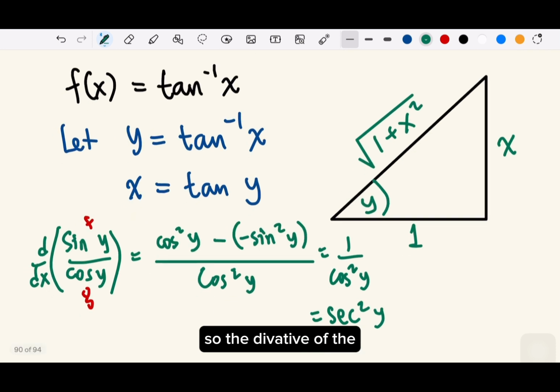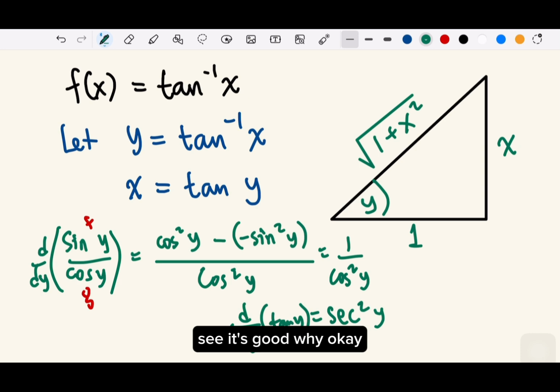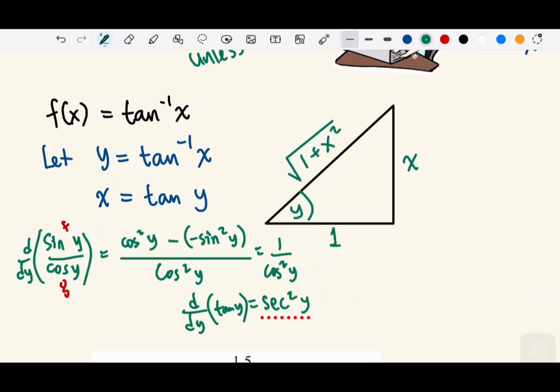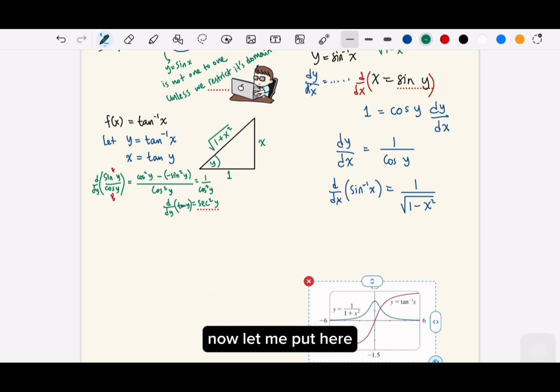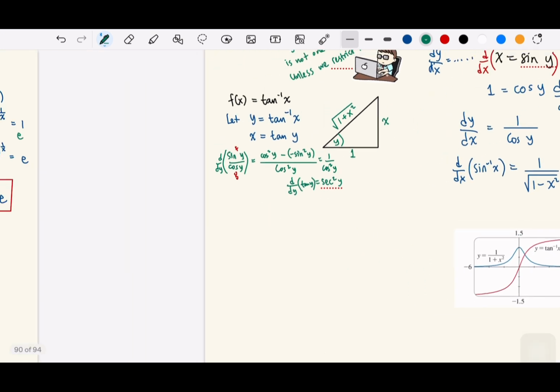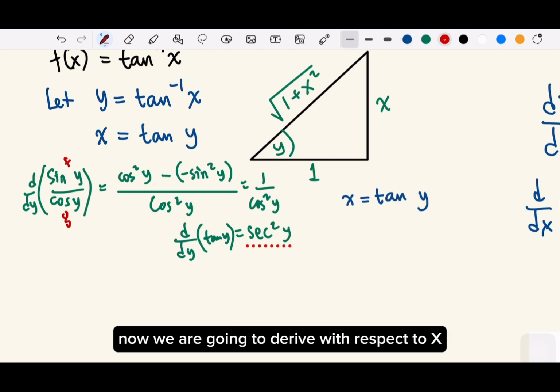So the derivative of tangent y is secant squared y. Now let me write again: x equals tangent y. Now we are going to derive with respect to x.